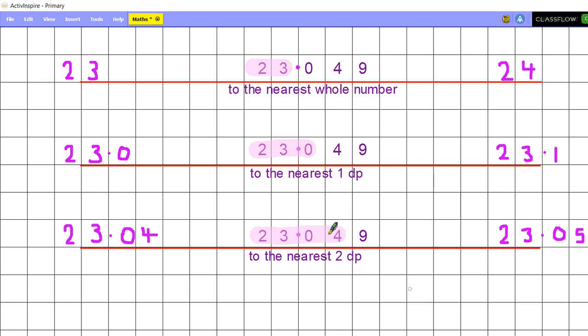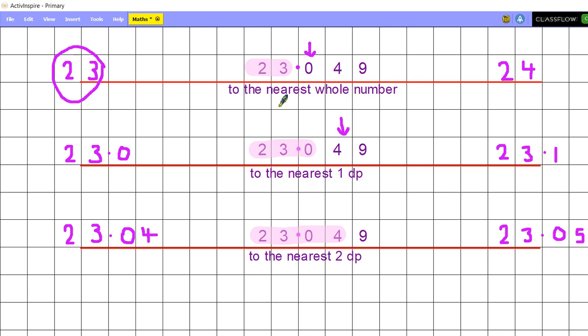So then, let's have a quick look at this top one. To the nearest whole number, I look at my number after the whole number, which is a 0. My 0, will it round up or will it round down? Of course, it's going to round down. So it's just 23 is my whole number. Sorry, that wasn't really neat. Then this one and this one, 23.0. I'm going to look now at my 4.